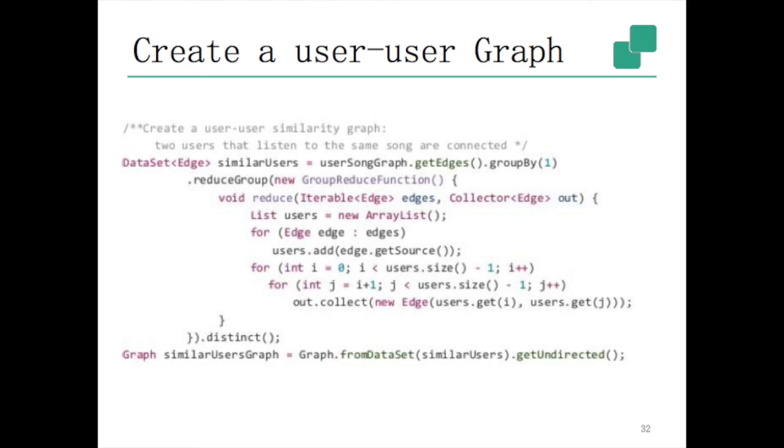We do a reduce group, which basically iterates through the edges and adds the source to a list, and then it creates pairs of the user and the other user, basically. So it looks at the songs and looks at the users that played that song, have that song as a most listened to song, and actually forms pairs of these two users. And then you do a graph from data set to actually get this final graph.